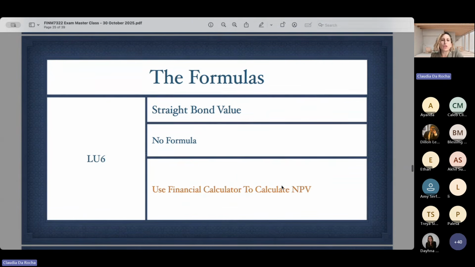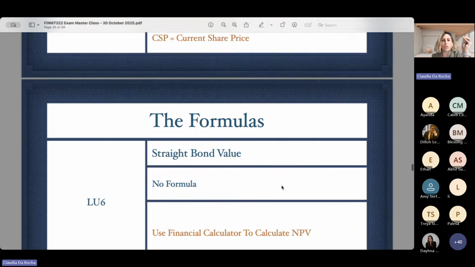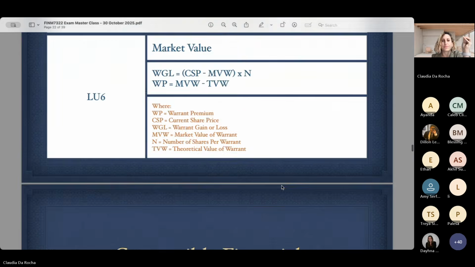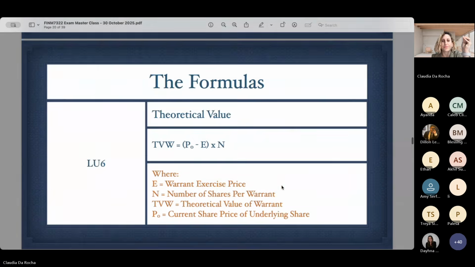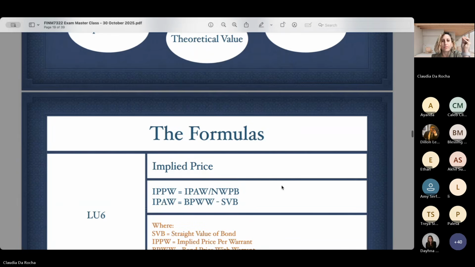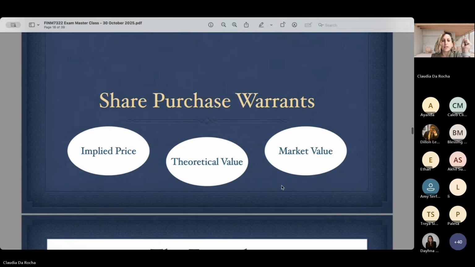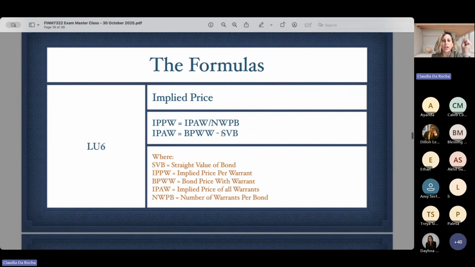Then we have the straight value of the bond, which we would have done when we did our warrants, right? Because if I go back to warrants, okay, we had here straight value of the bond, right? It's the same principle here.